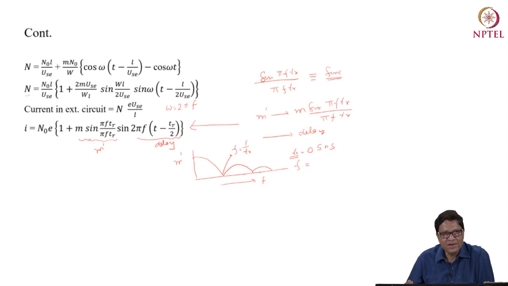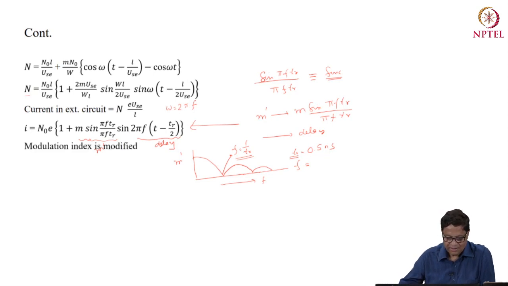So you have to make your device in such a way that the diffusion component is much less, and the whole electron hole pairs are generated inside the I region, so that your transit time is as low as possible and you get good response speed of the device. So this is what I had explained, that the modulation index is modified. M dash has become m sine pi f tr, or m sinc x of this form.